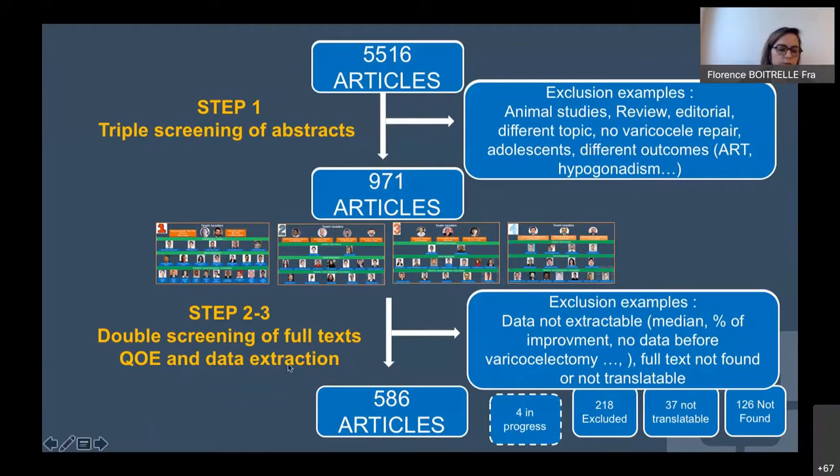So we have all this extracted data, and it could be analyzed by the best statistician in the world, I think. Professor Ralph Henkel will talk about this during this meeting. So congratulations again to all of you for this first meta-analysis, because it promises to be a very big success.